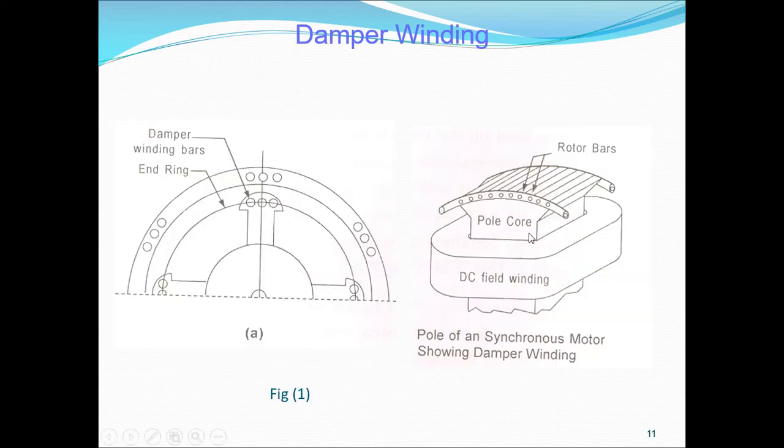See here. So what does it contain? The damper winding consists, on the faces of the field poles, of short circuited copper or aluminum bars, and it is short circuited on both ends. Here and here, on both ends, with end rings.